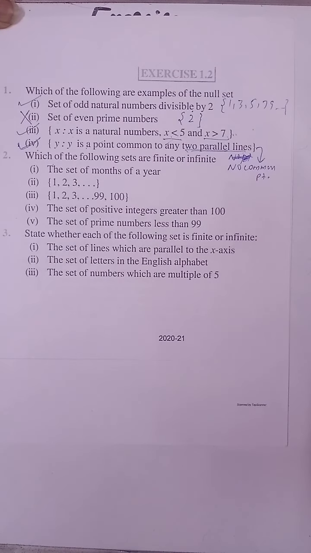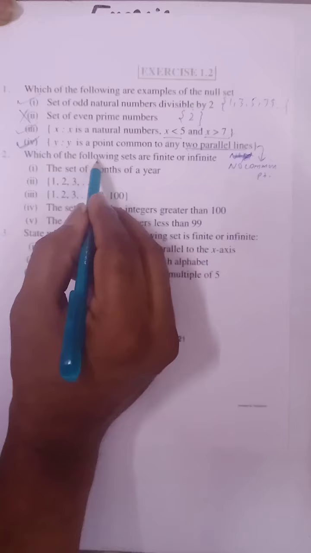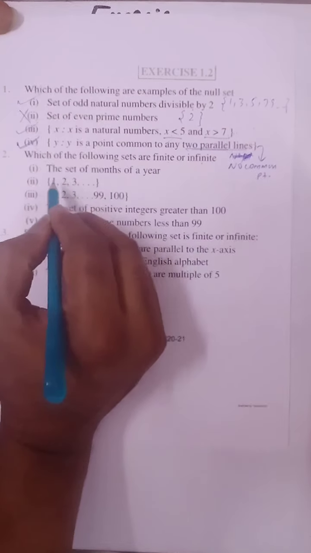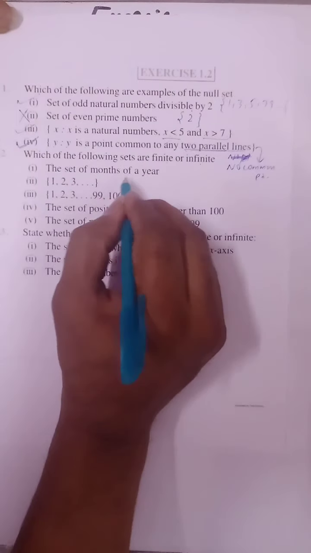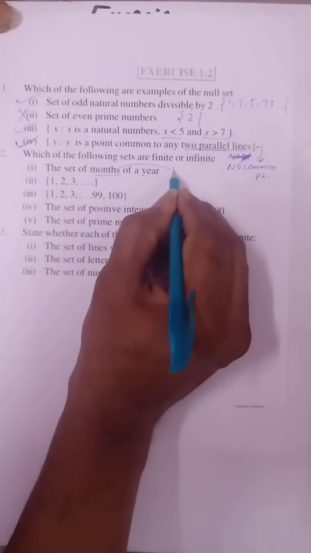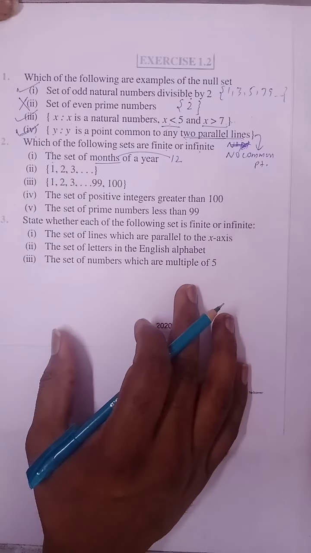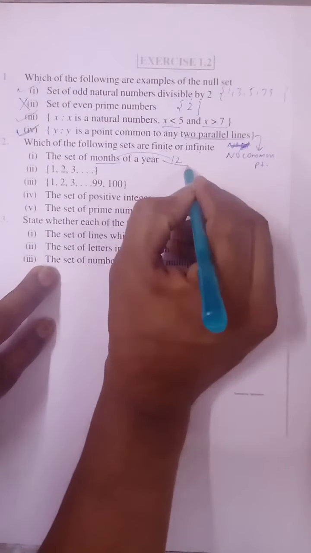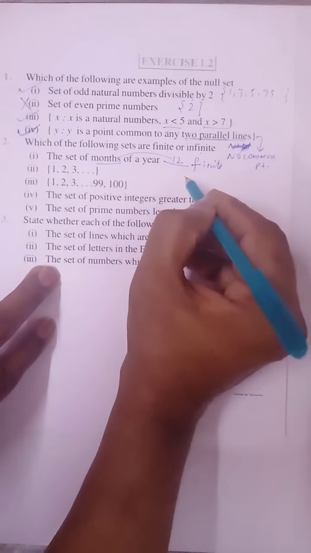Now next, which of the following sets are finite or infinite? The set of months of a year. As you know, there are a total of 12 months. So it has a limited number of months, so it is an example of finite set.